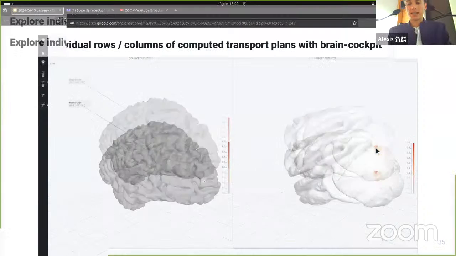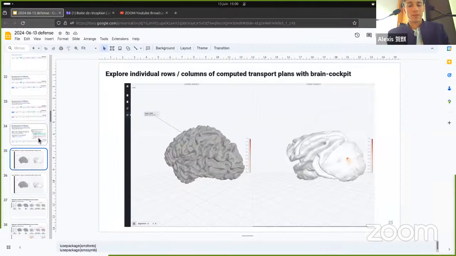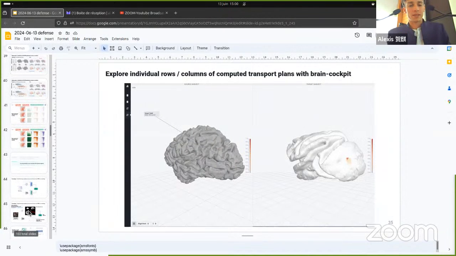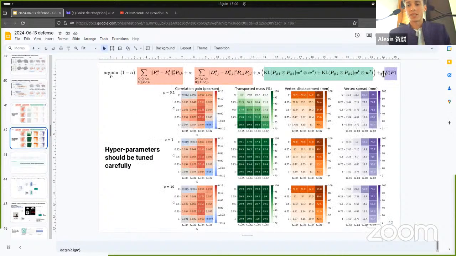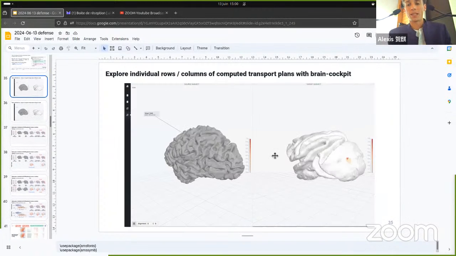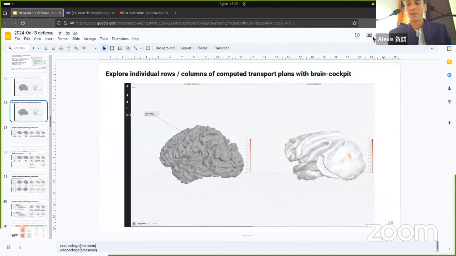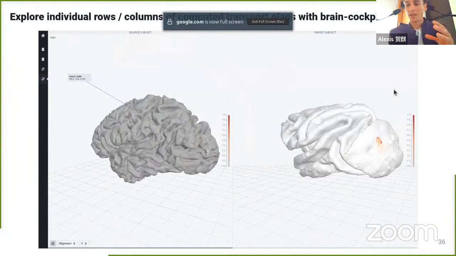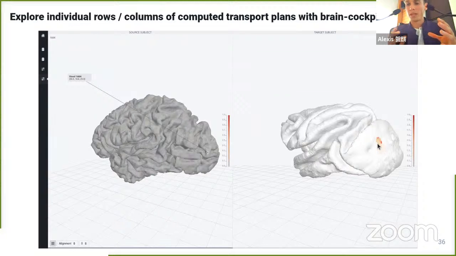Yes, and in particular, I don't have slides for this right here, but there's this hyperparameter, epsilon, that you need to tweak carefully when you use this method. With different values of epsilon, the spread, the variance of this probability distribution, would be different.